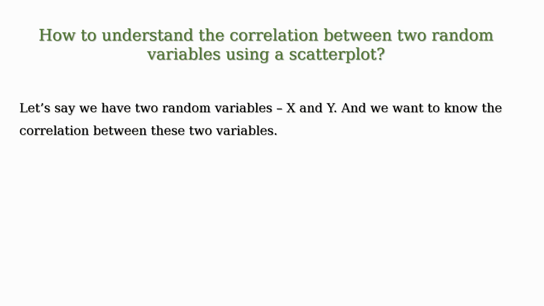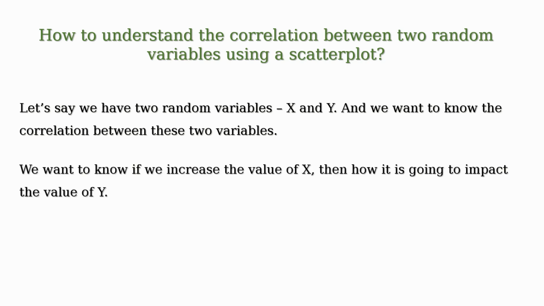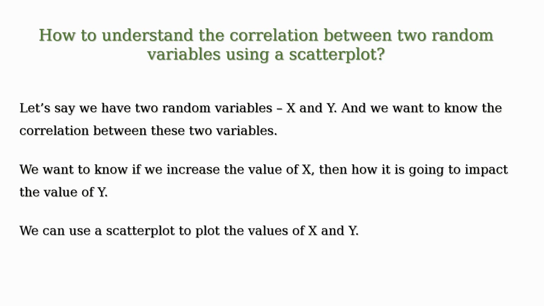In other words, we want to know if we increase the value of x, then how it is going to impact the value of y. If we increase the value of x, then will the value of y increase or remain the same, or will it decrease? To know that, we can use a scatter plot to plot the values of x and y.